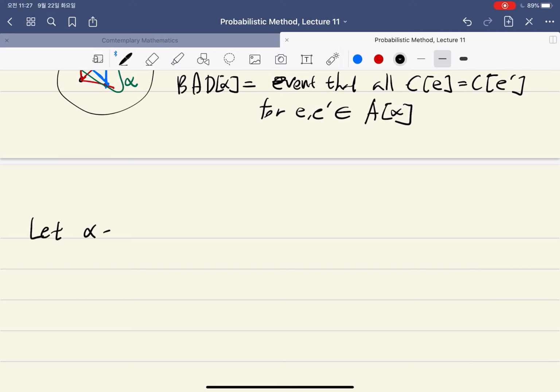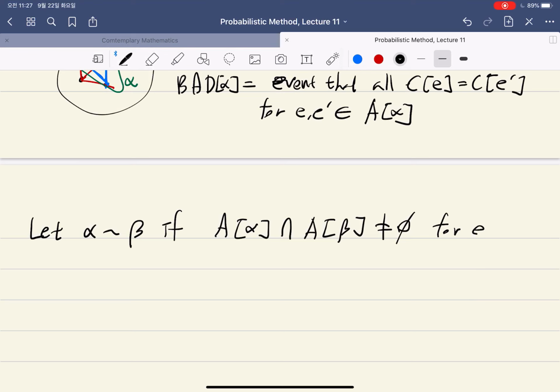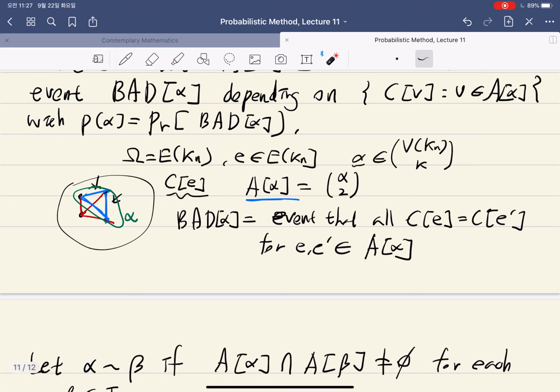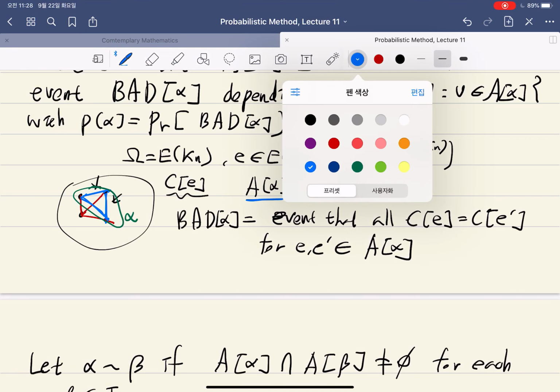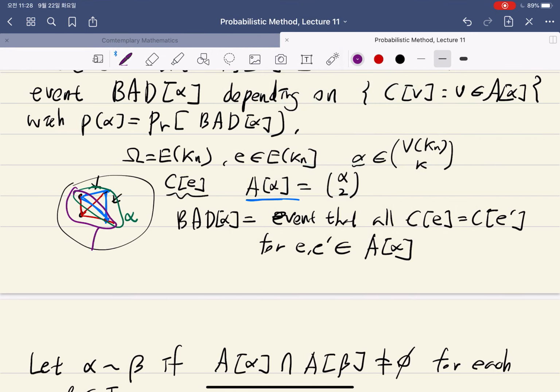And when alpha and beta are in I, we say that they are related if they share some element together. So for example, if we consider this alpha and this beta, then they are related.